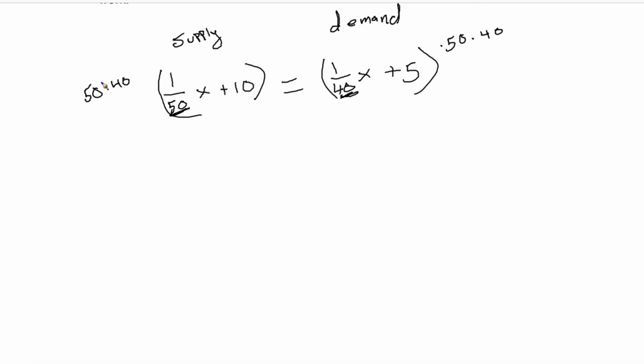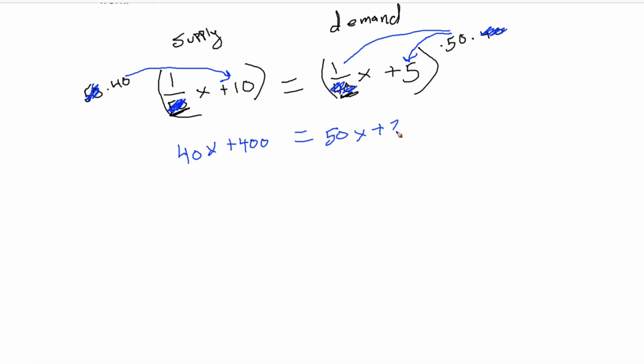Once we have the denominators, we can cross off the denominator. So now we have 40 times 1 is 40. So we cross off the 50, 40 times 1, so we have 40x, and then 40 times 10 is 400, equals, and here we have a 40 and a 40 that crosses off, giving us 50 times 1 is 50x, and 50 times 5 is plus 250.